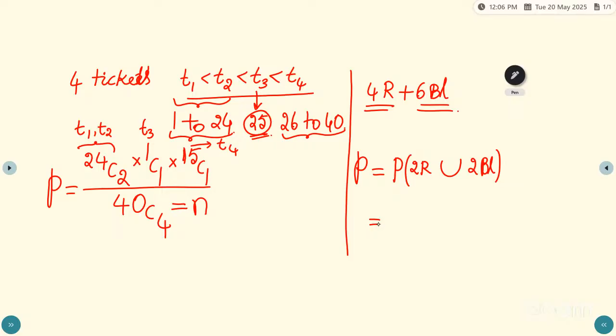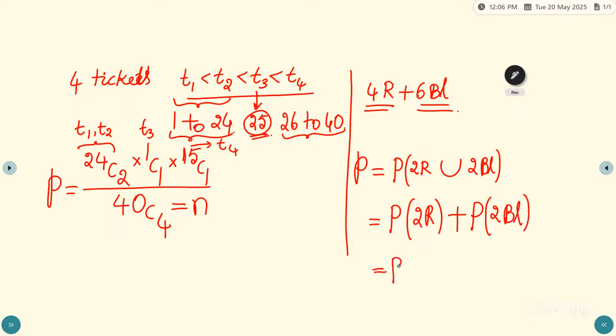Since we don't have any ball which is both red and black, both events are mutually exclusive. So you can write the probability of drawing 2 red plus the probability of drawing 2 black.